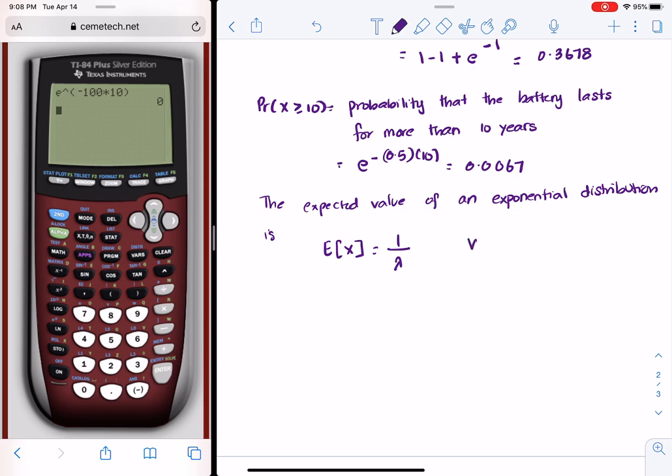And the variance of an exponential distribution is 1 over lambda squared. So if we plug in the value, we have 1 over 0.5, which is 2, and the variance of x would be 1 over 0.5 squared, and we will get 4. So if in reality I would want to have an average life expectancy of 0.5 years, the value of lambda must be 2.